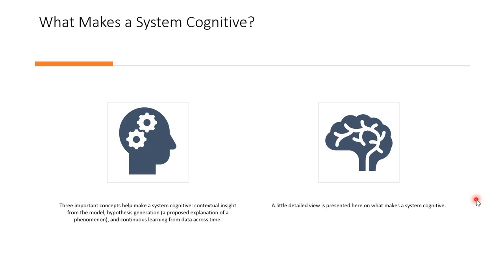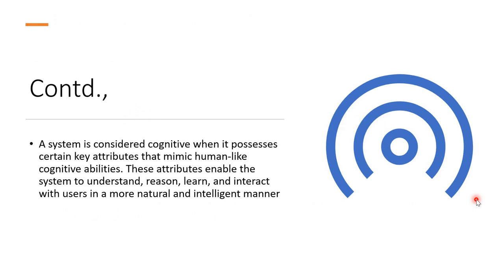But is that the end of it? No. I've got a better view where we are going to understand what all in addition can make it really super cognitive. The system is considered cognitive when it possesses certain key attributes that can mimic, I repeat, that can mimic human-like cognitive abilities.